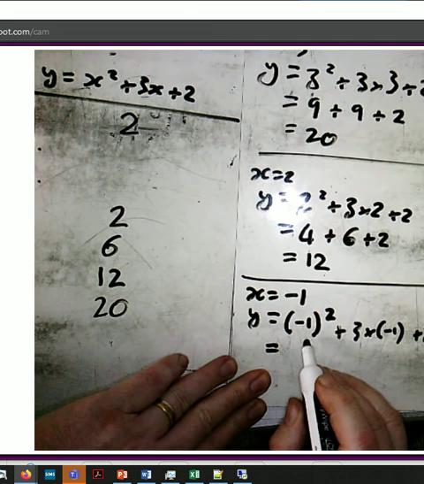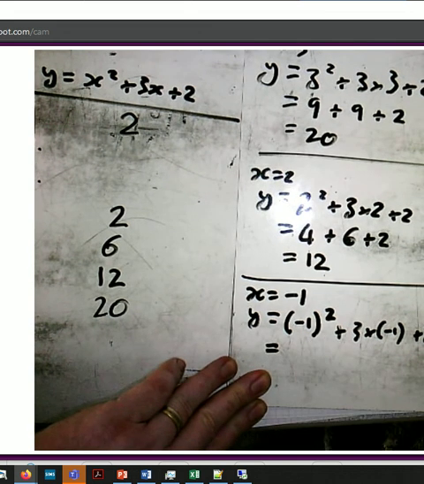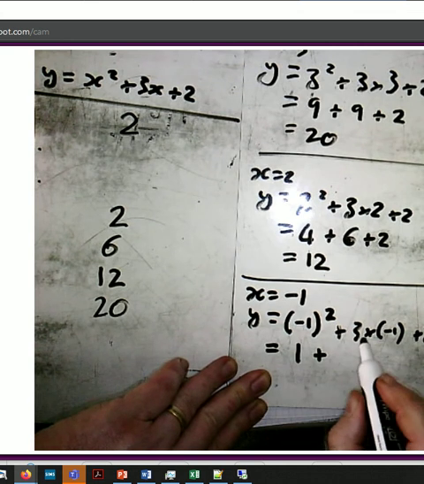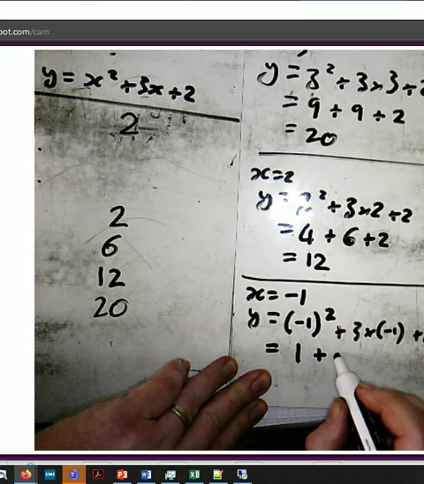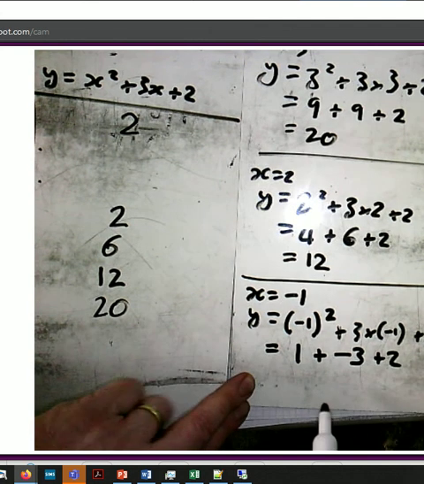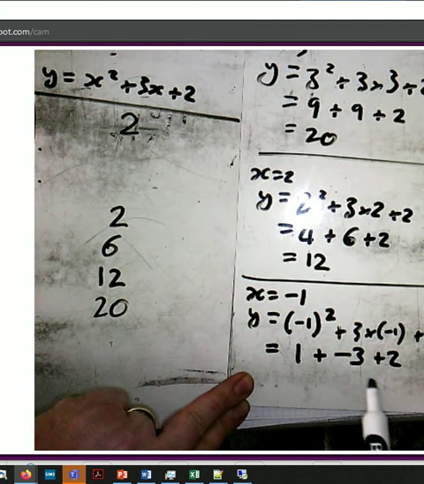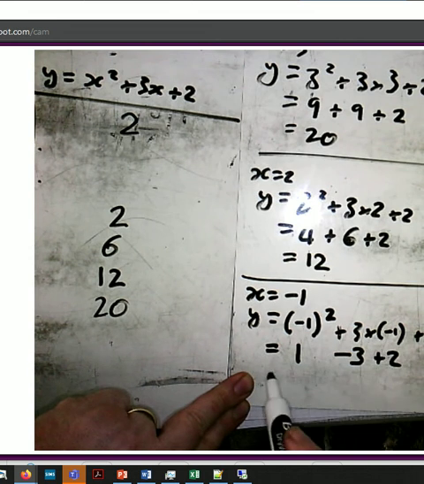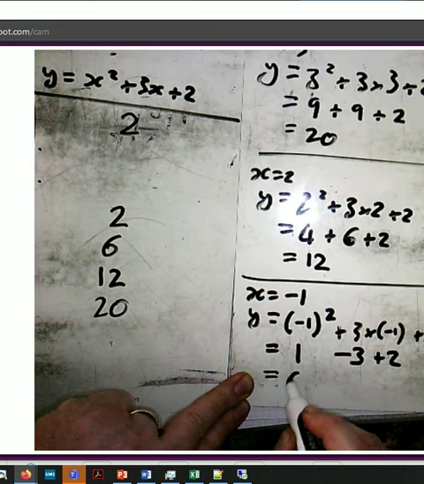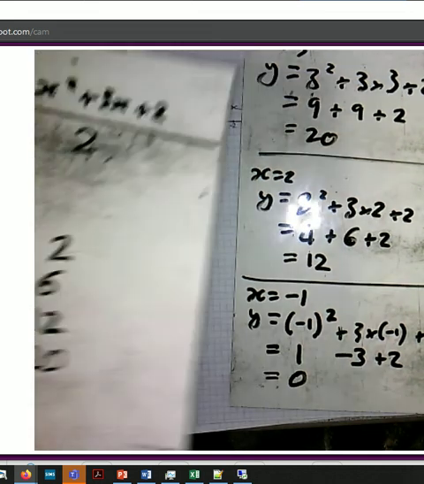So 1. 3 times minus 1 is minus 3. Add 2. Plus minus means minus. 1 take away 3, that's minus 2. Add 2 is 0. So I put 0 in there.